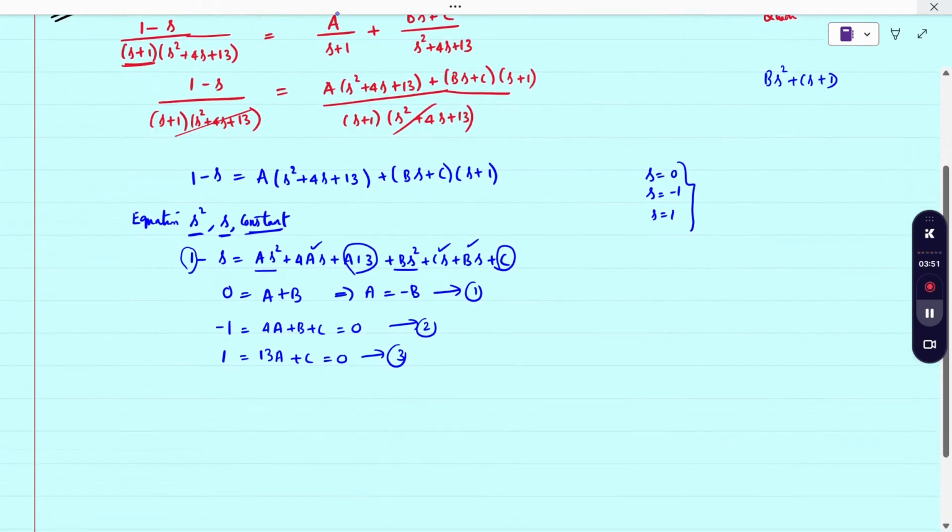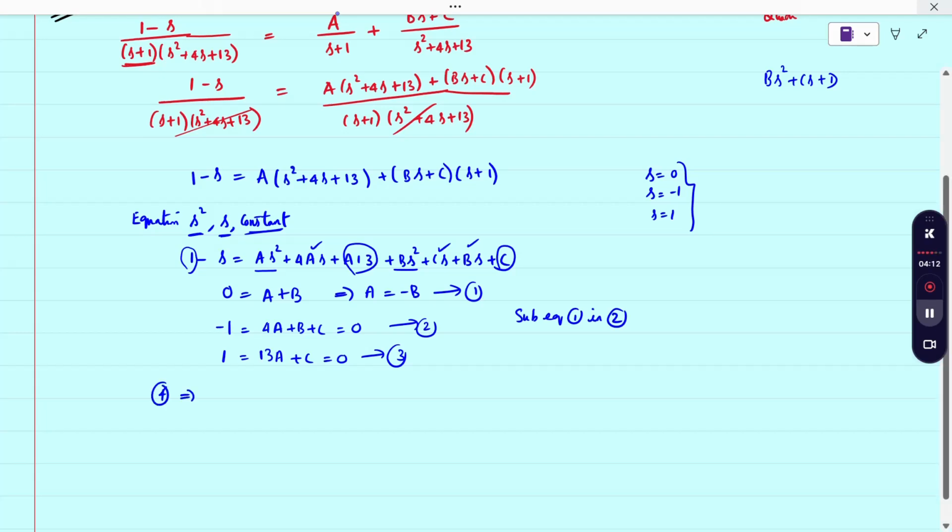Now when I solve, with a equal to minus b, substitute equation 1 in equation 2, and it becomes a new, fourth equation.